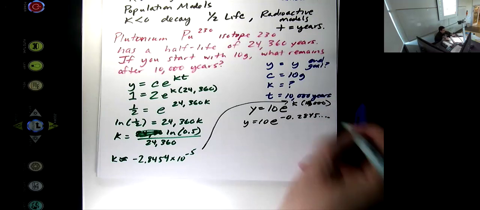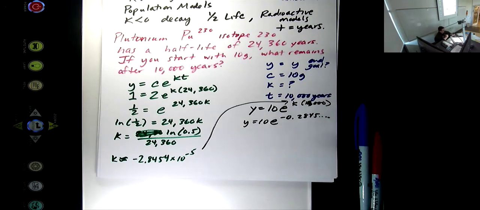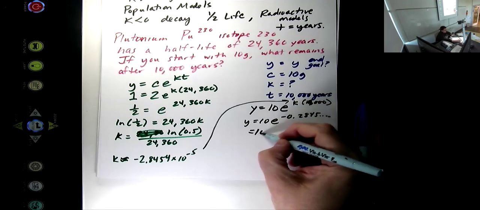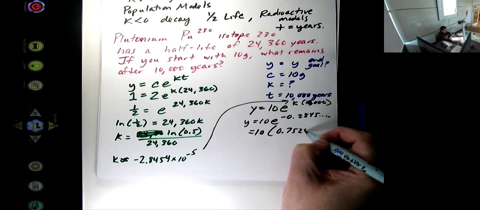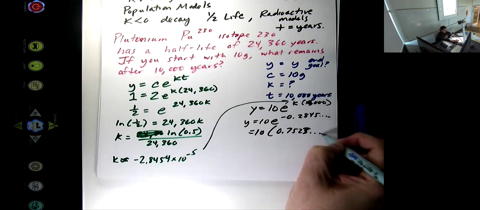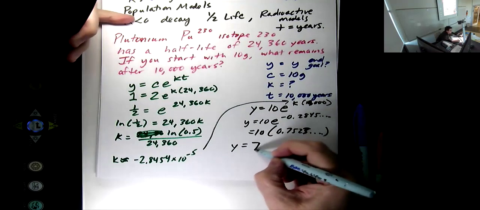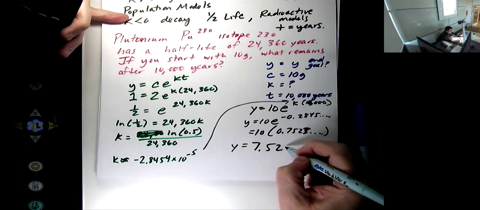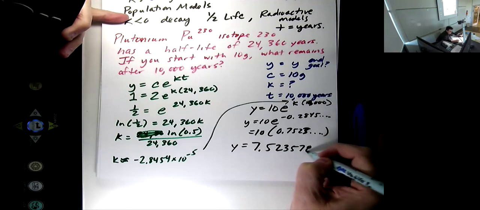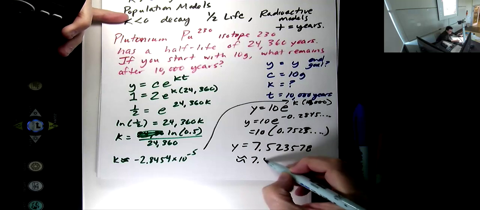There's a bunch of decimals here. I'm not gonna round, I'm just gonna use a calculator and treat that as the exponent for E. And when I'm done, Y equals 7.5235778. Let's just say approximately 7.5 grams.